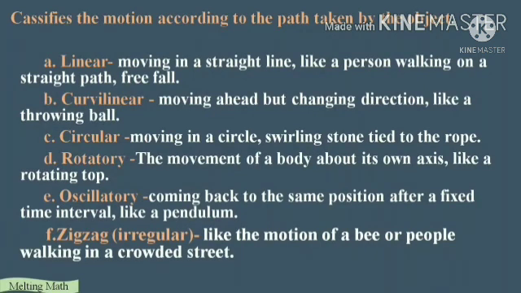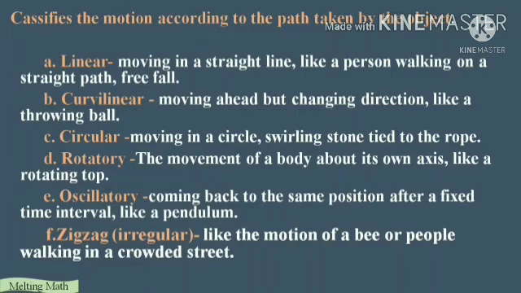First one, linear motion, moving in a straight line, like a person walking on a straight path, free fall. Curvilinear motion, moving ahead but changing direction, like a thrown ball. Next, circular motion, moving in a circle, like a stone tied to a rope swinging.